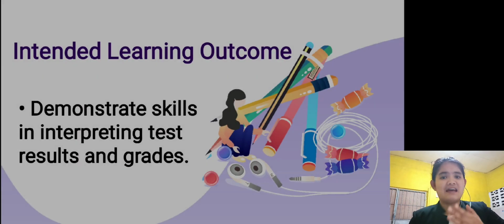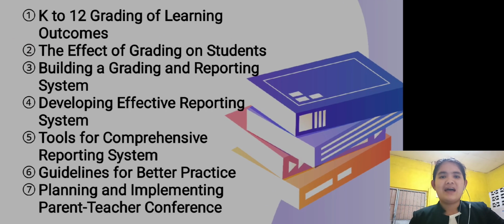At the end of this lesson, we are expected to demonstrate skills in interpreting test results and grades. We have seven subtopics, and these are first, K to 12 grading of learning outcomes. Second, the effect of grading on student. Third, building a grading and reporting system. Fourth, developing effective reporting system.